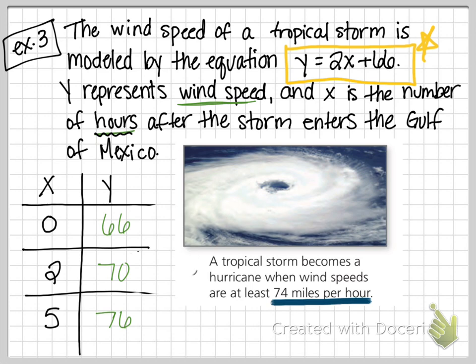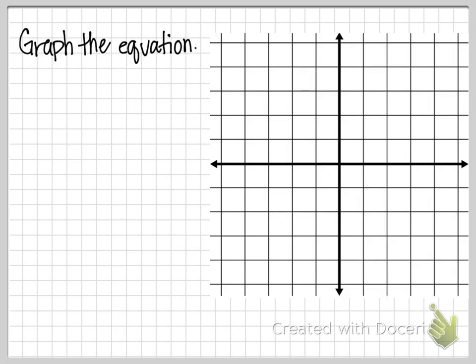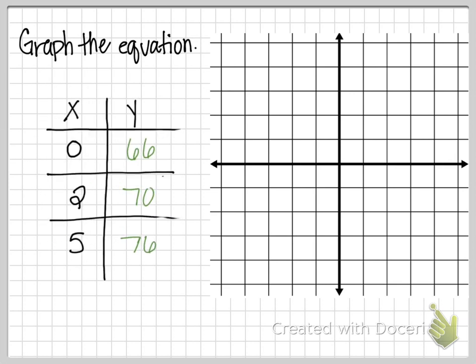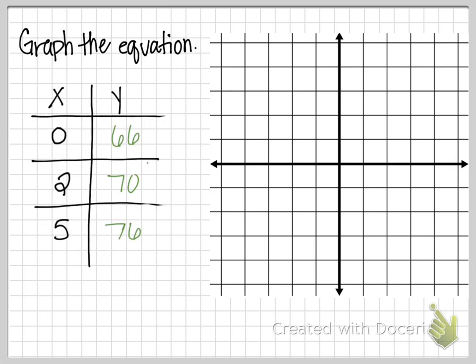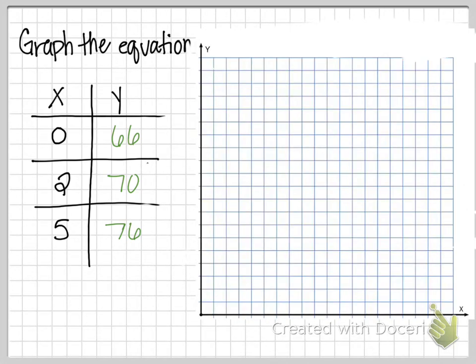All right. Now, to graph this, we just want to make sure that we label our graph appropriately. I'm actually going to erase this graph and put it. The reason that I changed this graph is because we don't need any negatives, right? We talked about that. We don't have negative numbers of hours that we would plug in for X, and we also don't have negative wind speeds.